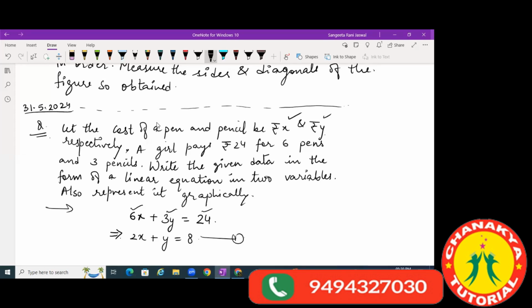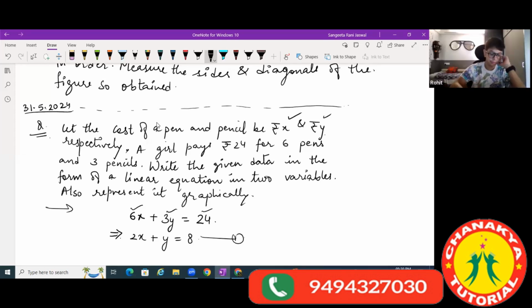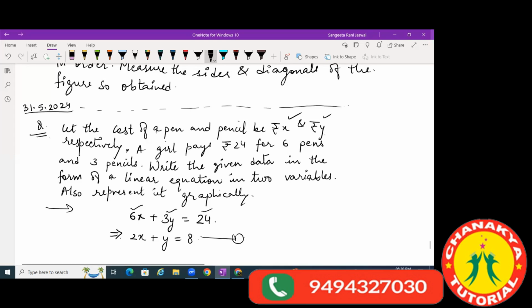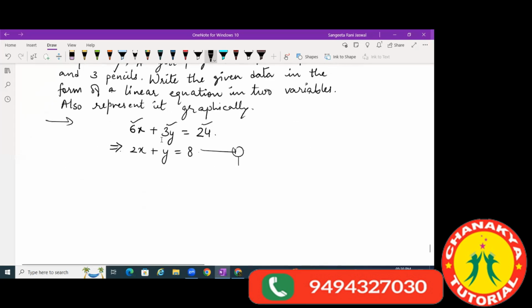Yes, ma'am. Now find the points and plot them on the graph. Whenever you get a linear equation, always try to reduce it to a simple form if it is possible. Like here, it was possible to reduce it.